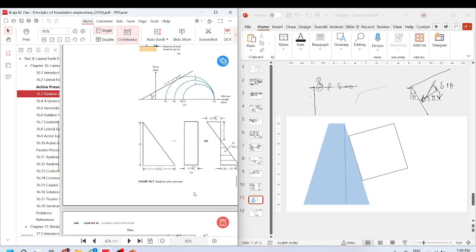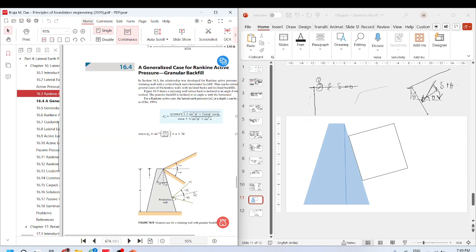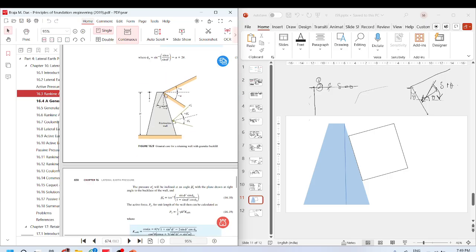That was the Rankine's theory, and this is Coulomb's theory, in which your backfill is also not plane.